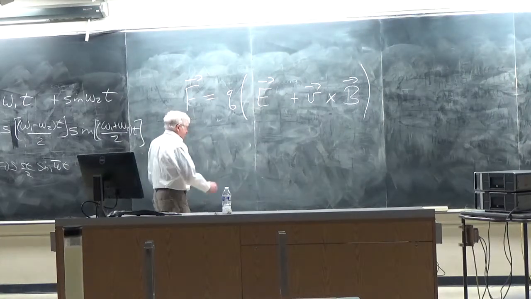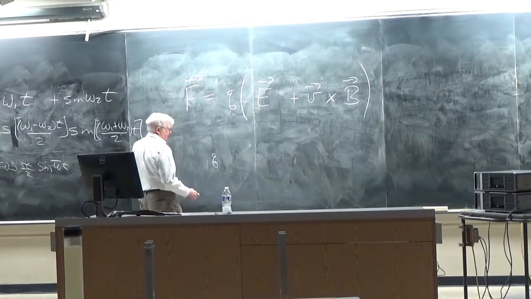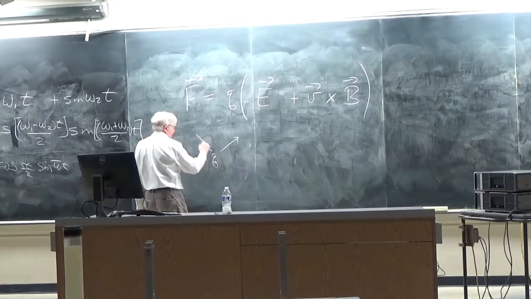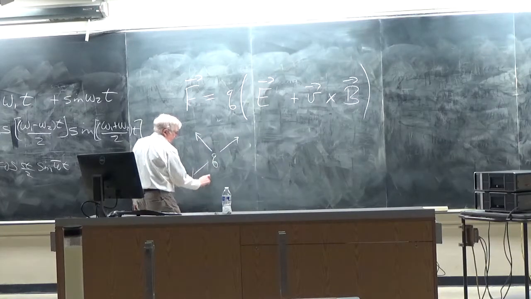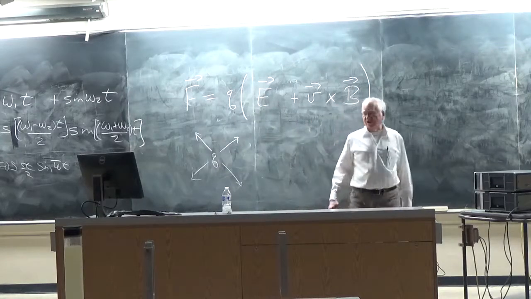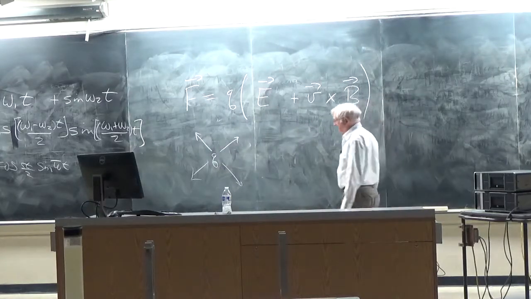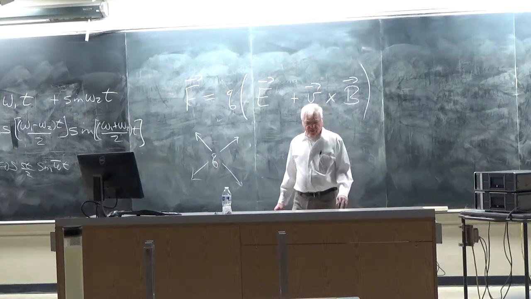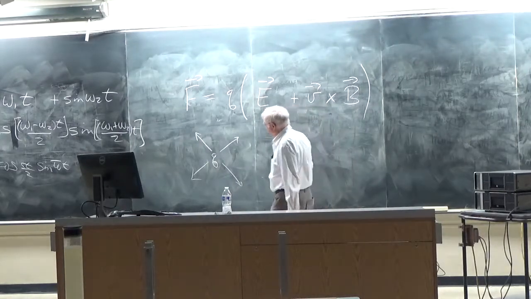So, for example, if you have a charge Q here, then there's an electric field. The charge is positive. The electric field goes out radially from the charge, and it falls off as the square of the distance. And the reason for that is something geometrical.